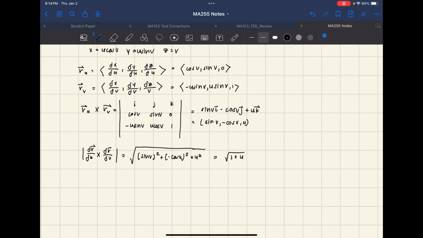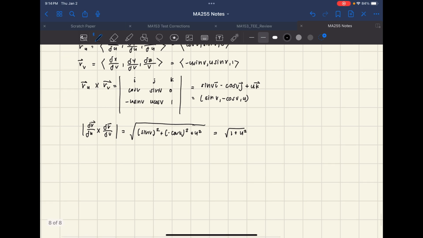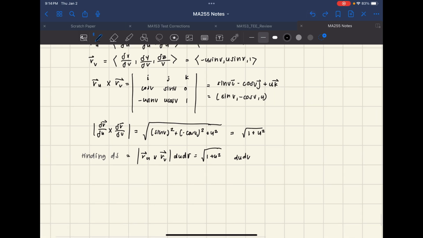So you get the square root of 1 plus u squared. And so the next step is finding dS, which is equal to what we just found, and then du dv.